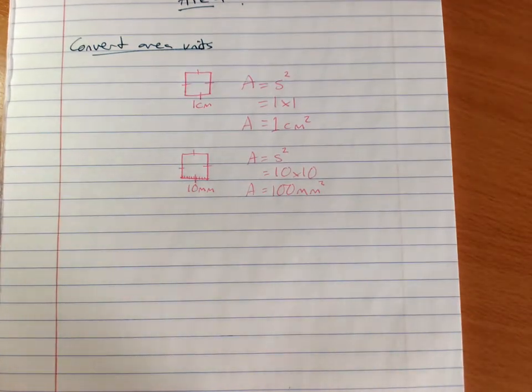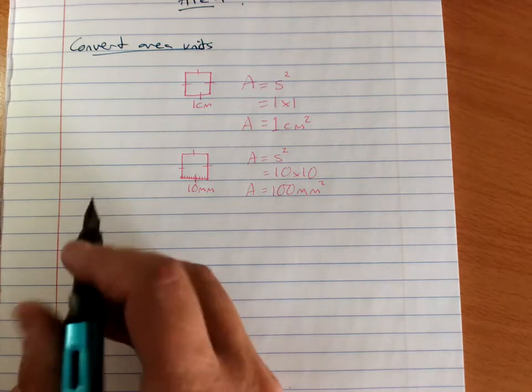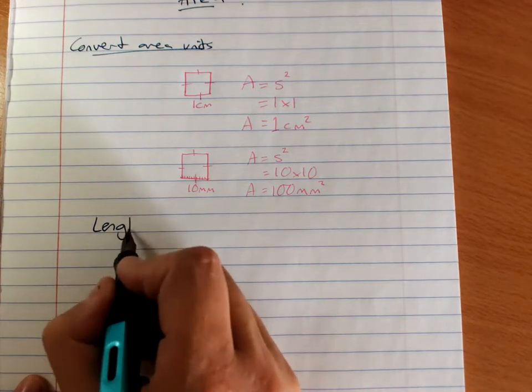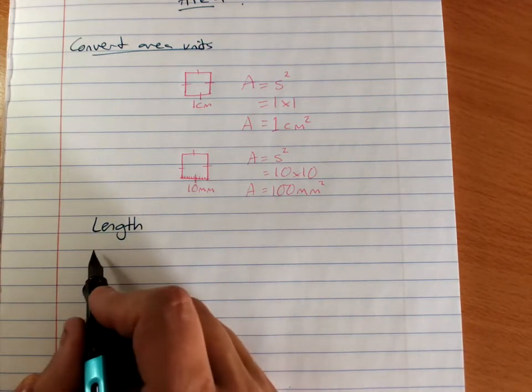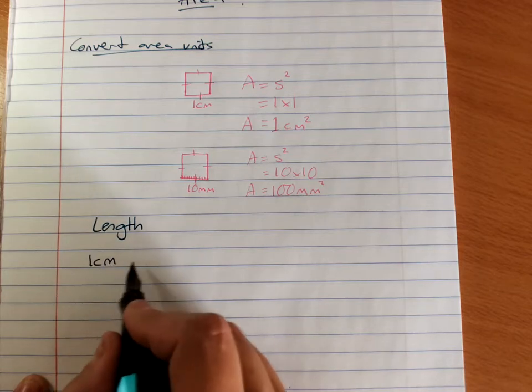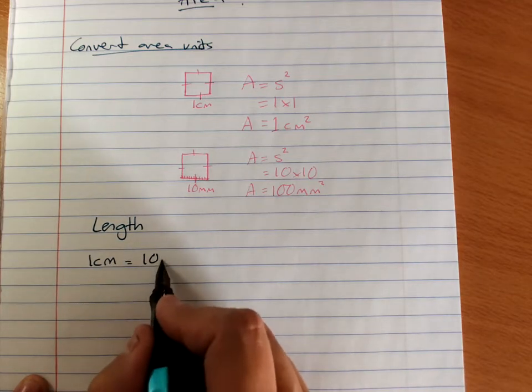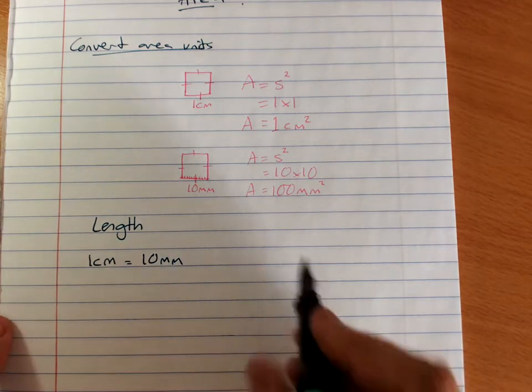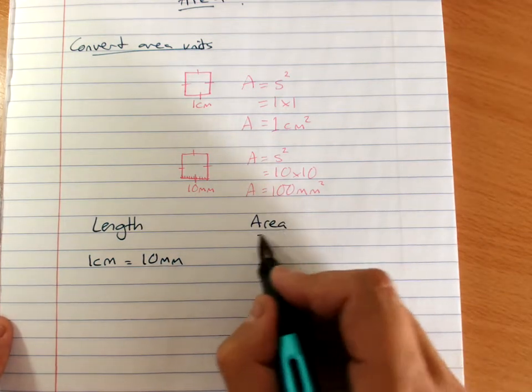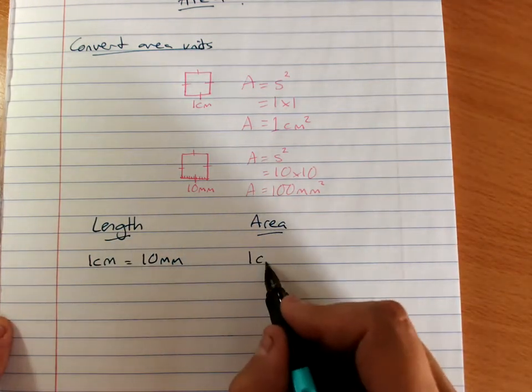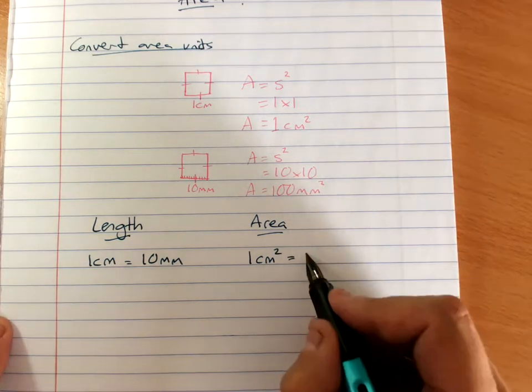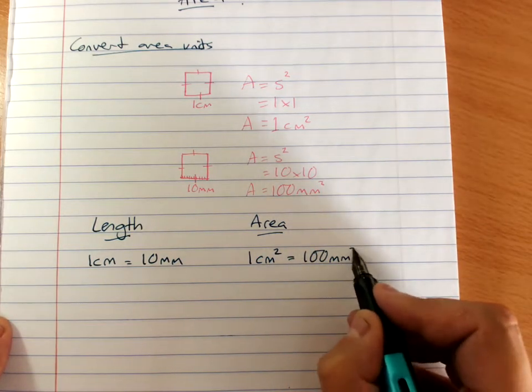What you can see from this is that while the length conversion is 1 centimetre equals 10 millimetres, the area conversion is 1 centimetre squared equals 100 millimetres squared.